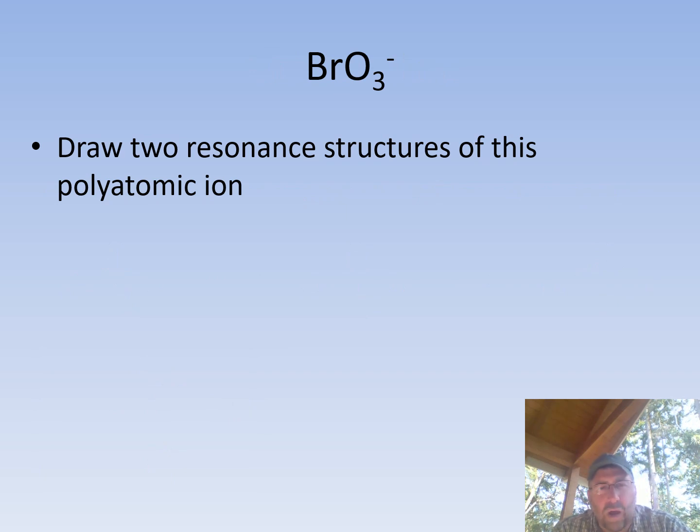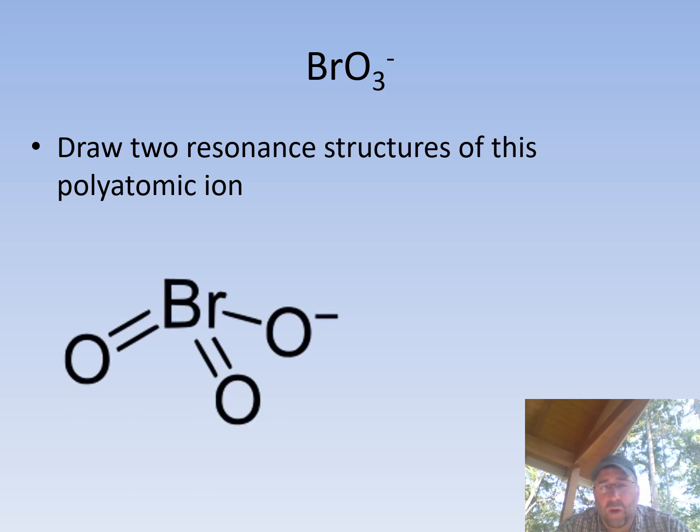All right, let's try the bromate polyatomic ion, BrO3 -1. You can stop it, draw it, see what you get. Okay, let's see what you got. So this is one of the representations of the bromate polyatomic ion.